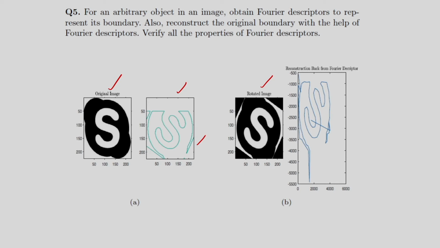So all the properties of the Fourier descriptors can be verified, because there are many properties of the Fourier descriptors like scaling, rotation, translation. So all the properties I have discussed in my class. So all these properties you can verify with the help of these images. So you take one image and you try to verify all the properties of the Fourier descriptors. So this is question number 5.